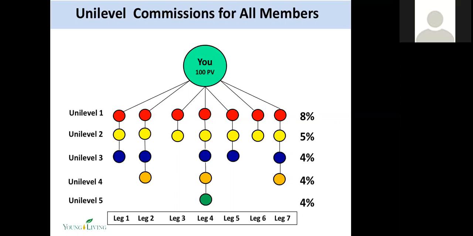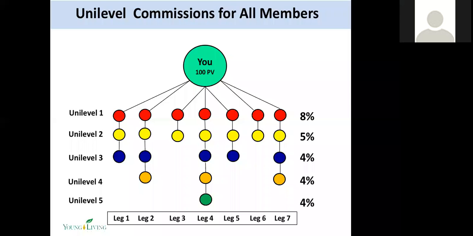Okay. Thanks so much. Beginning this particular section of the compensation plan training, one of the questions that I'm often asked is, what type of compensation plan does Young Living have? There are varying compensation plans within the industry, such as a binary plan, a matrix plan, or a stair-step plan.